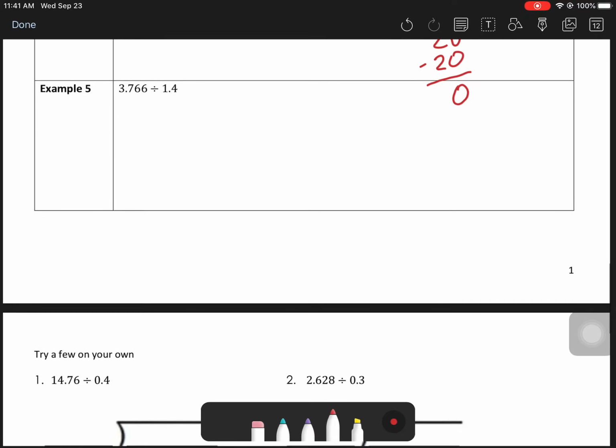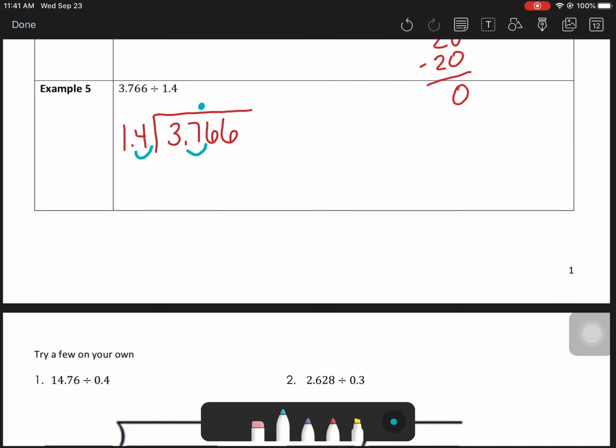Okay, so in our next example, we've got a long problem. So we have 3.766, and we want to divide that by 1.4. So we're going to move the decimal over one place, and then we move it over one place, and we bring the decimal straight up between the 7 and the 6.